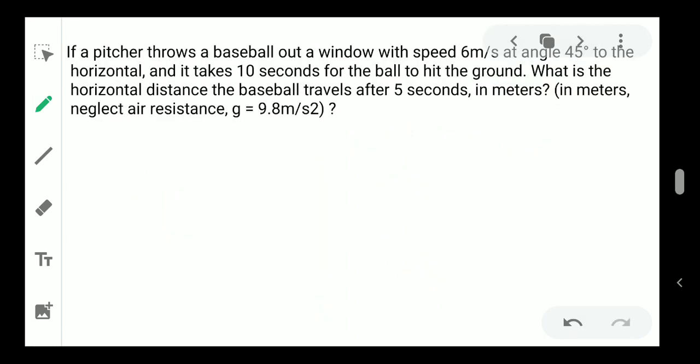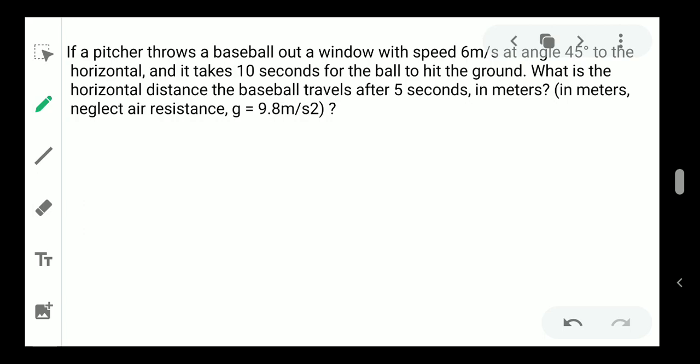Moving to this question, this one is your projectile motion. This is the first projectile motion problem that I am doing today, and next time we will be doing some more complicated problems regarding projectile motion.